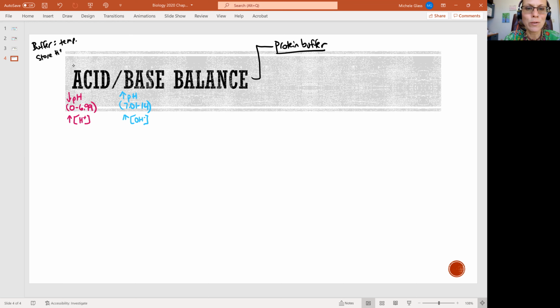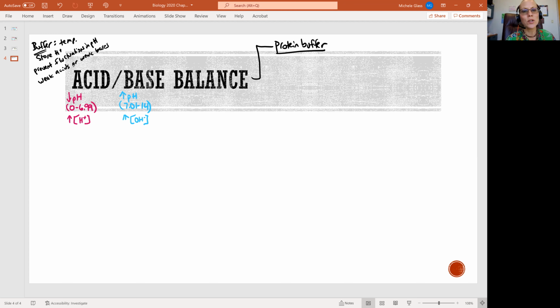And I like to always remind folks that if you can store it, that means you can put it in the cupboard and you can take it out of the cupboard, right? So you can see a buffer either bind with hydrogen ion or release hydrogen ion, depending. And so buffers are going to prevent fluctuations in pH. And very often we see that buffers are either weak acids or weak bases.